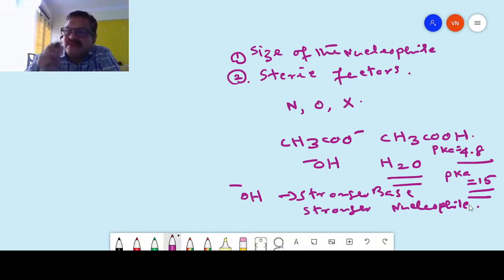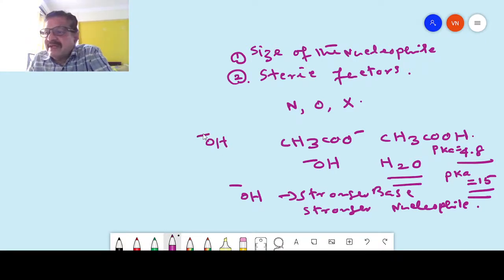Say OH minus, negatively charged, is always a stronger base and a stronger nucleophile than water. The negatively charged nucleophile is always stronger than the conjugate acid, and the conjugate acid is water here. Therefore OH minus is a stronger base and a stronger nucleophile than water, H2O, the conjugate acid.